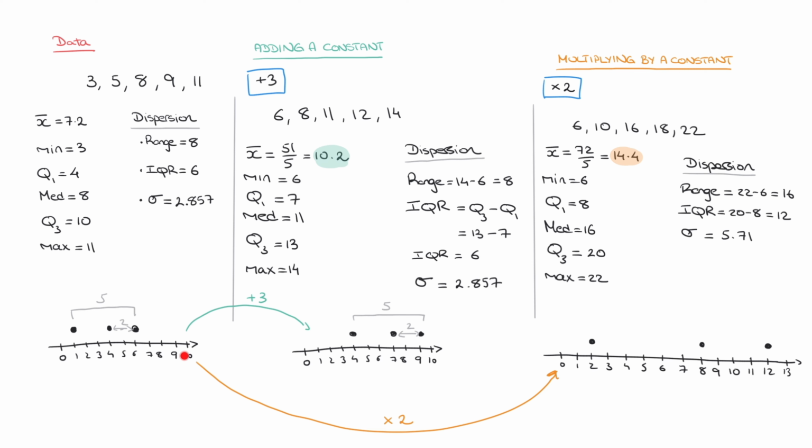On the number line we have over here, the distance between the second and third values we have, remember, was 2. But when we multiply all of those values by 2, we can clearly see that the distance between the second and the third value has now increased to 4. Indeed, that's the distance that separates 8 and 12.